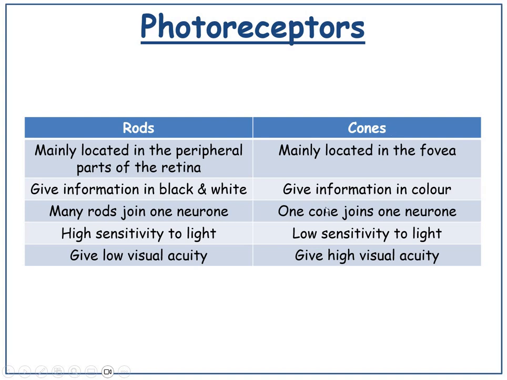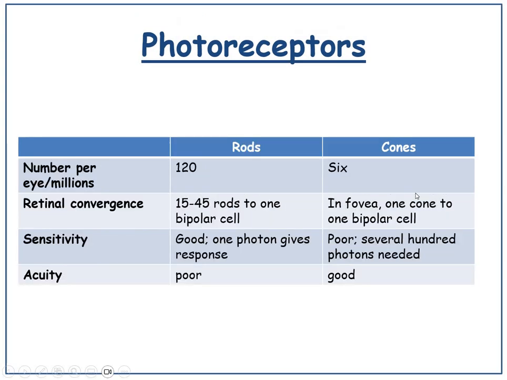Whereas cones, one cone joins one individual neuron. Rods have high sensitivity to light, so they only need a little bit of light to stimulate them. Cones have low sensitivity to light, they work in bright light. Rods give low visual acuity, whereas cones give high visual acuity.